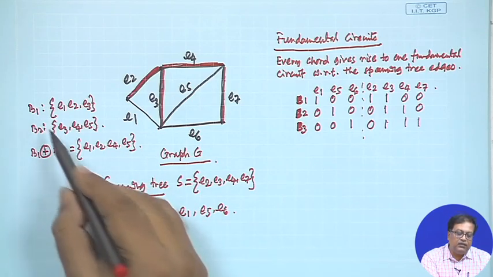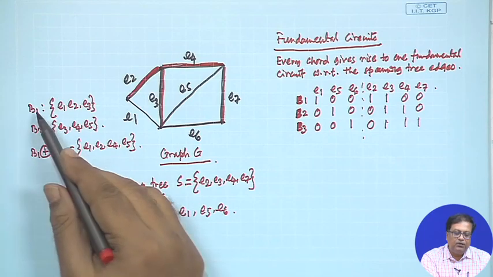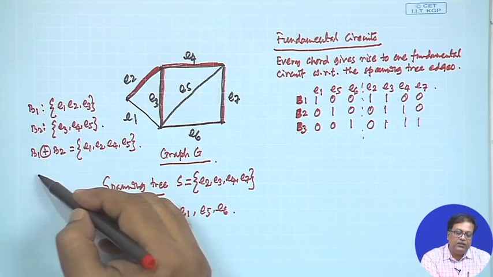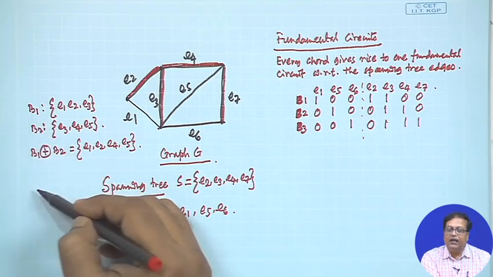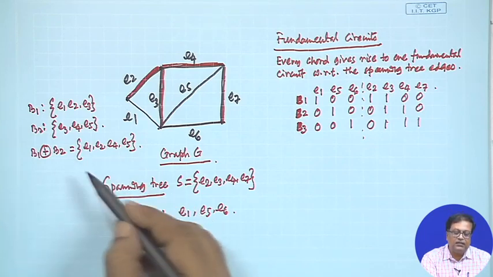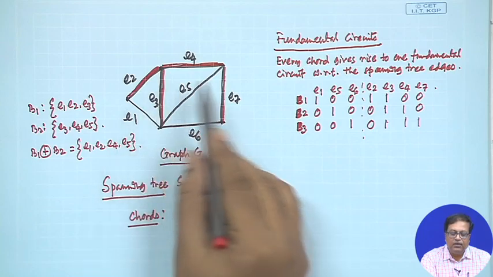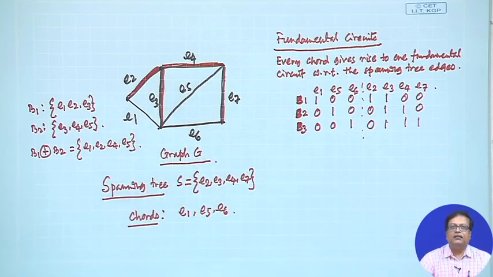So we can do ring sum between B1 and B2, B1 and B3, B2 and B3, and B1, B2 and B3. We can keep doing these ring sum operations, and we can obtain all the circuits of this particular graph, right. So this is the advantage of the fundamental circuit matrix.